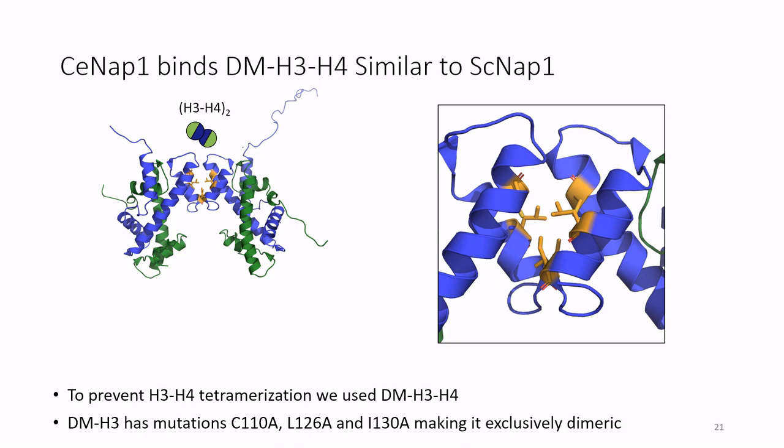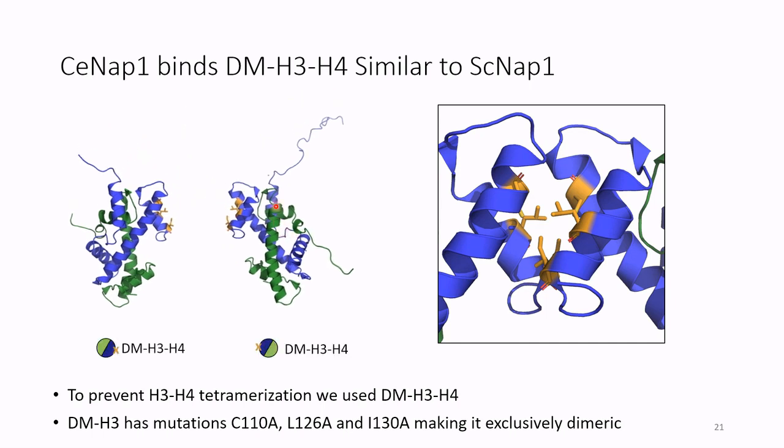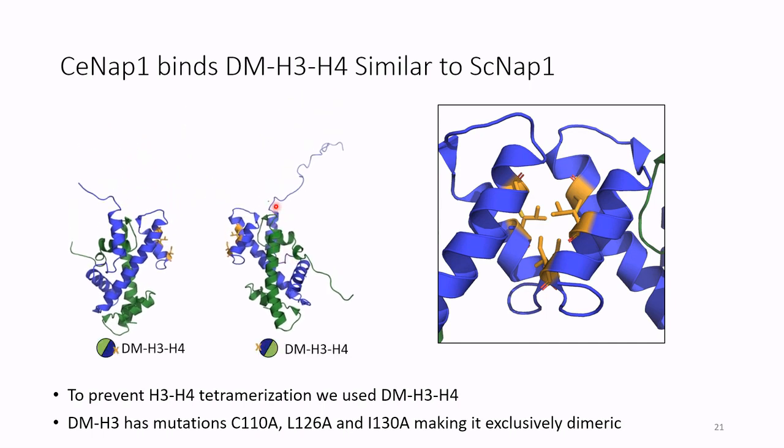To understand the absolute stoichiometry of Nap1 and H3H4 better, we created a mutation in the H3-H3 interface, which is zoomed in over here. We mutate cysteine 110, leucine 126, and isoleucine 130 to alanines and observe that H3H4 cannot tetramerize anymore and is exclusively dimeric.